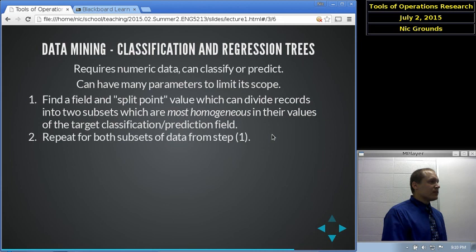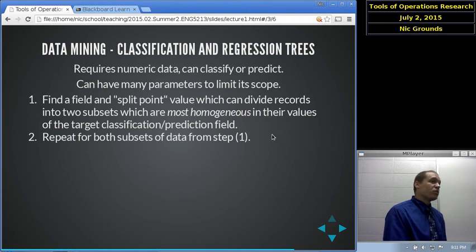And then we're going to repeat that first step again for those two subsets. So maybe we find that we can split students based on GPA, those with less than 3.0 and those with greater than 3.0. Then we're going to further look at those two subsets and say, is there a way we can split those into two subsets to try to divide out those who graduate versus those who don't?